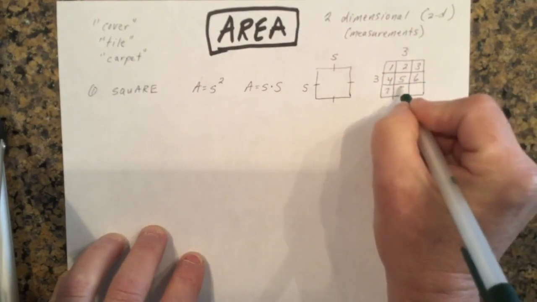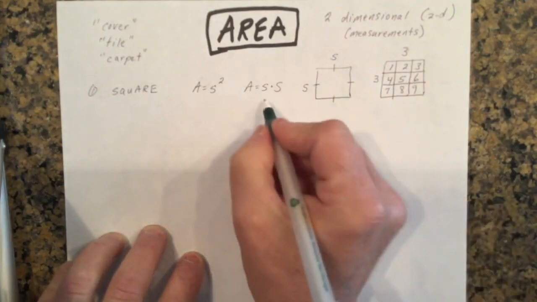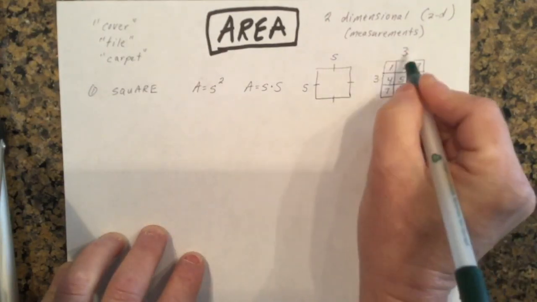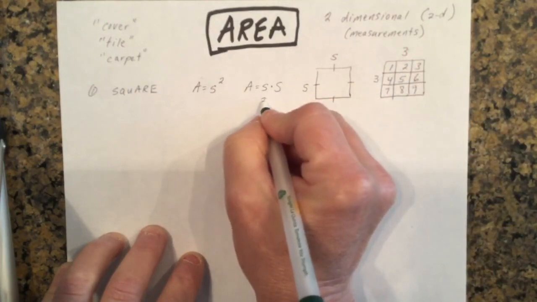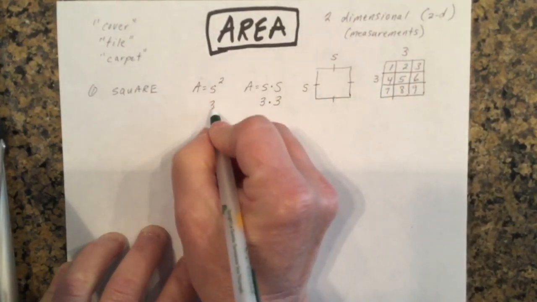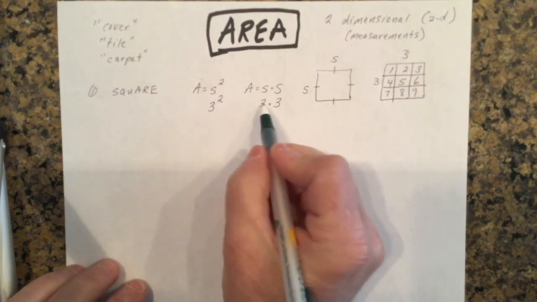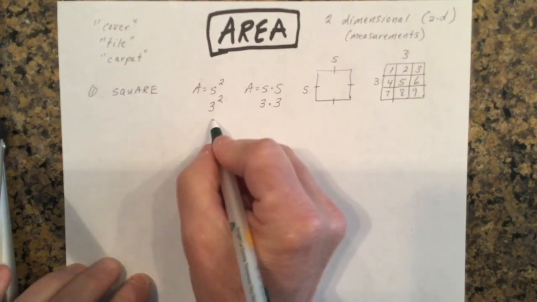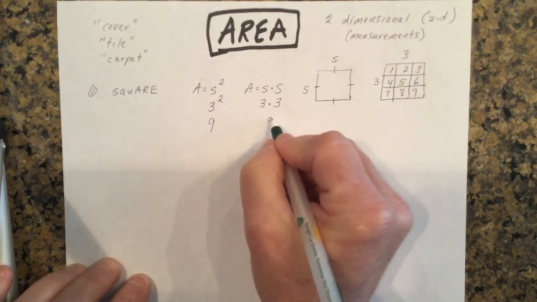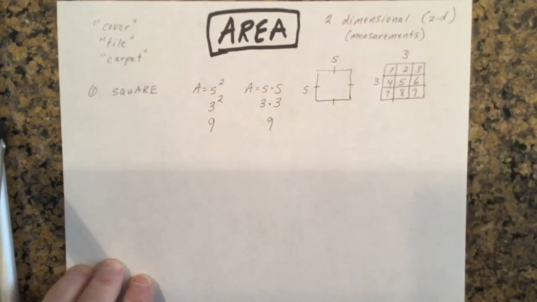And so the area of the square would be what you would find in the middle here. So we would have 9 boxes. So if we came back over here and we substituted 3 for the side, this would be 3 times 3, or this would be 3 squared. So 3 times 3 is 3 squared, so these are the same thing. And so 9 is our answer to this question, which we found when we did the area model over here.